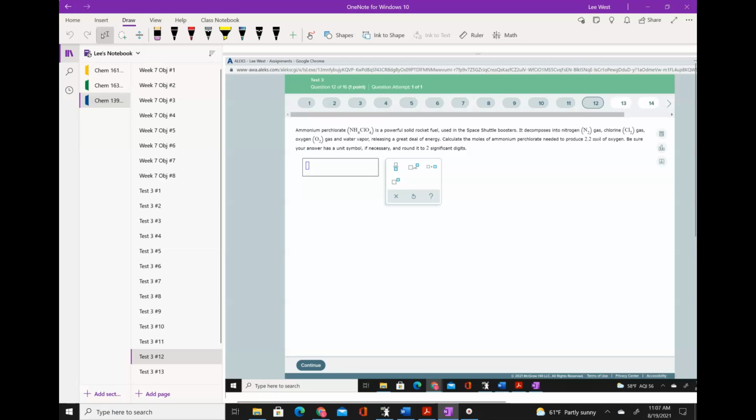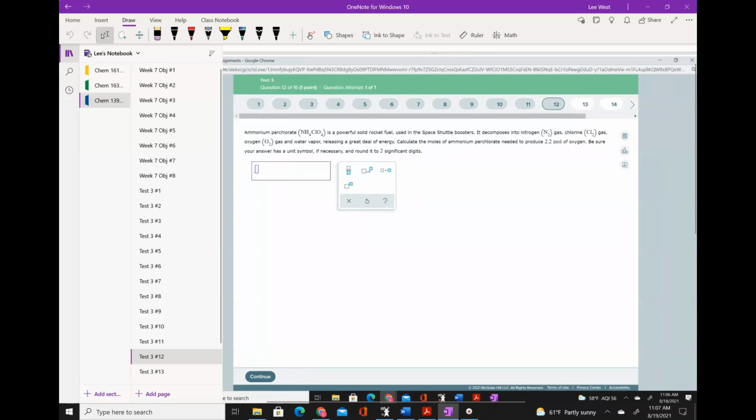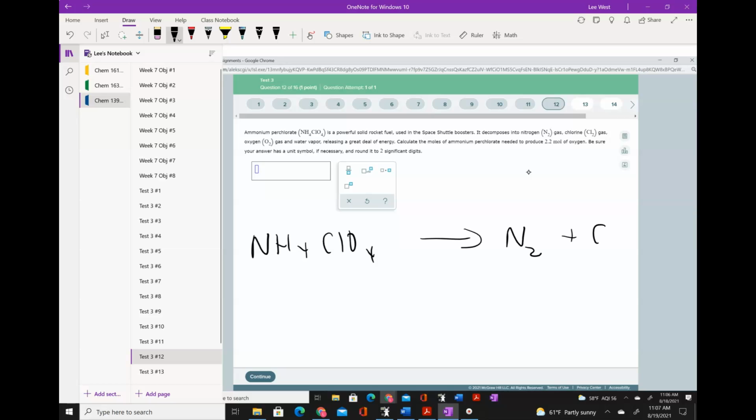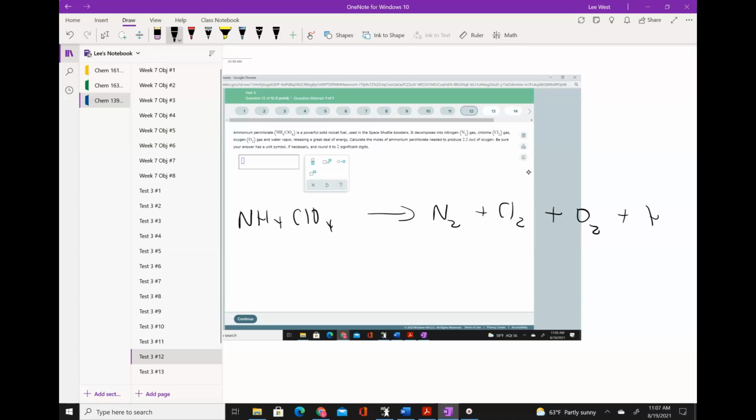Ammonium perchlorate is a powerful solid rocket booster used in the space shuttle boosters. It decomposes into nitrogen gas, chlorine gas, oxygen gas and water vapor. What they're really saying when they say decomposes is you just have this thing and it falls apart. So they're really giving you a chemical equation that they want you to go ahead and balance.